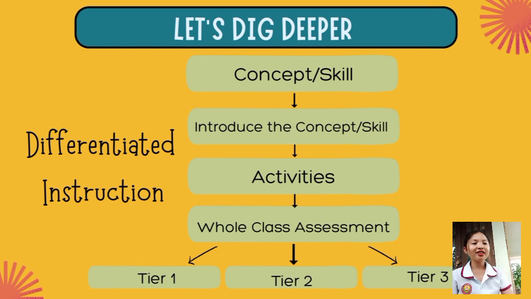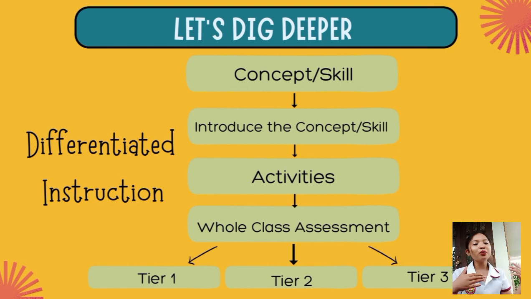First, the teacher will select a concept or skill, introduce the concept or skill, and then the activities. But the only difference is the whole class assessment. Because when you apply the whole class technique in multi-grade classes, your assessment or evaluation part should have separated tests. As you can see on the screen, we have tier 1, tier 2, tier 3.